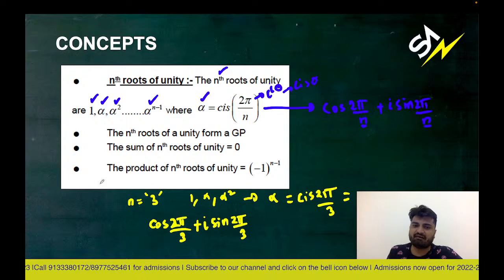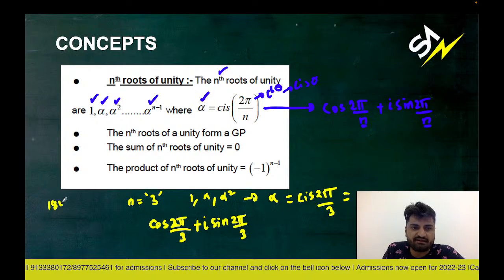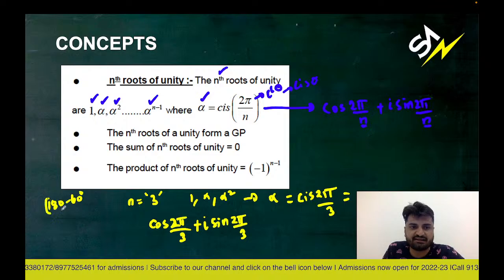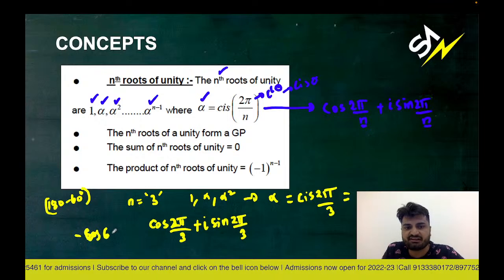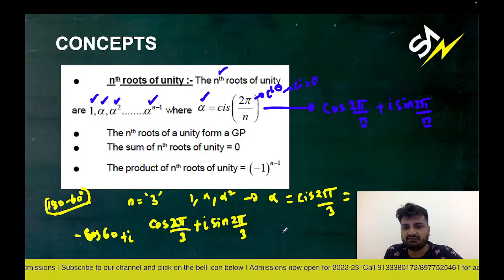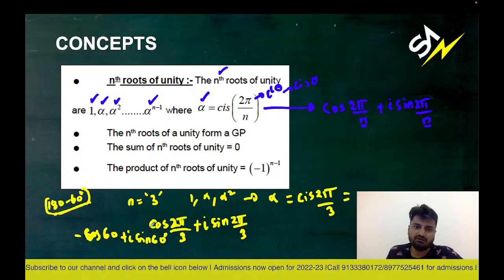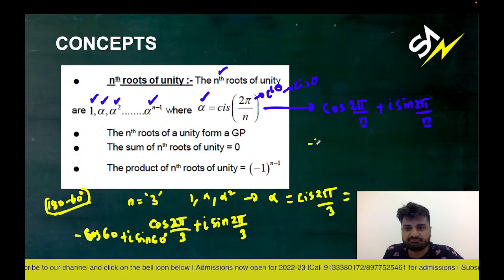What is 2 pi by 3? 120 degrees. So 120 is 180 minus 60 degrees. Cos of 180 minus 60 is minus cos 60, and plus i times sin of 180 minus 60, which is sin 60. What is cos 60? Half.